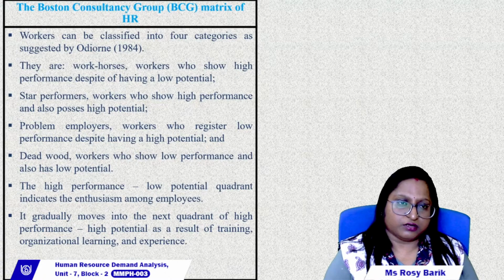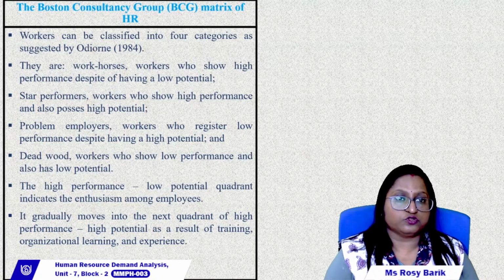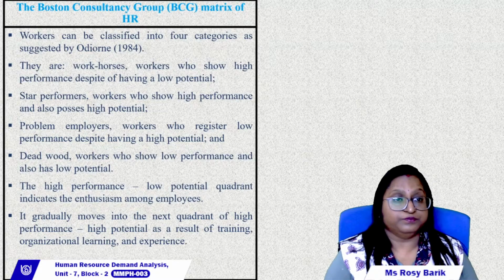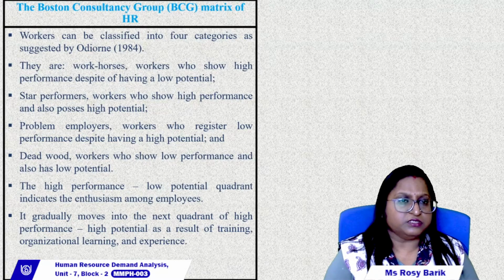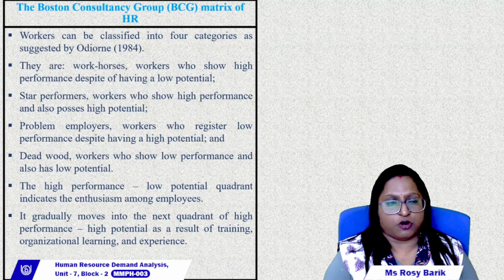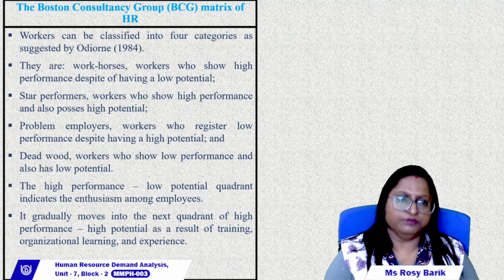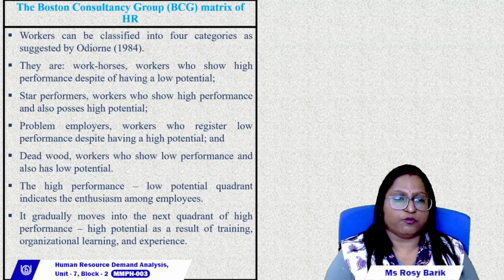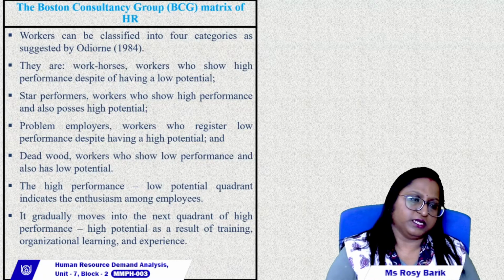They are: workers who show high performance despite having low potential; star performers, workers who show high performance and also possess high potential; problem employees, workers who register low performance despite having high potential; and deadwood, workers who show low performance and also low potential.